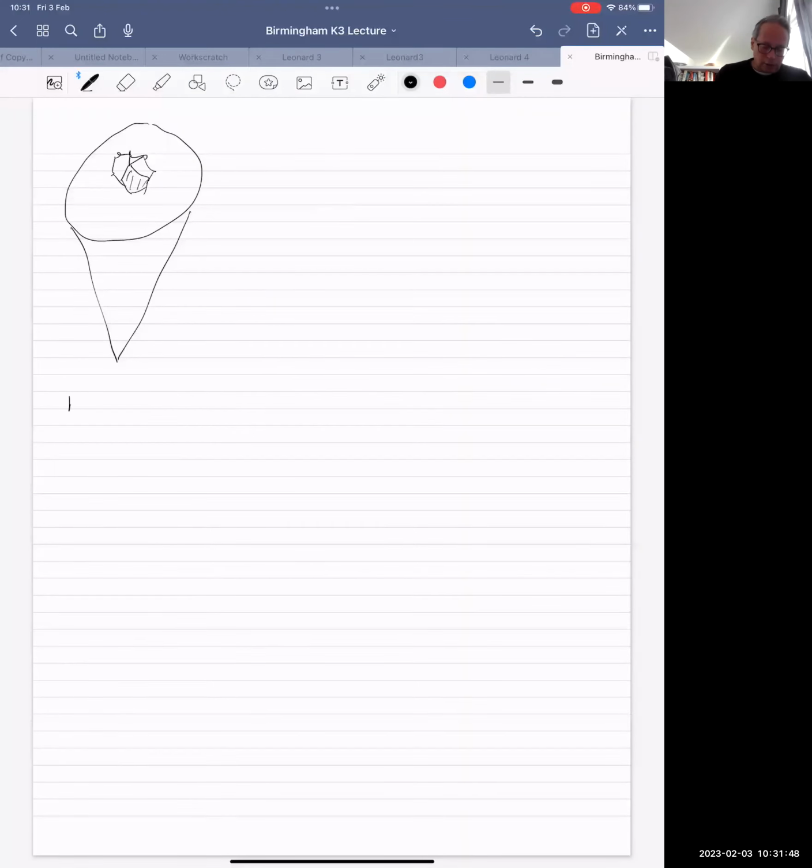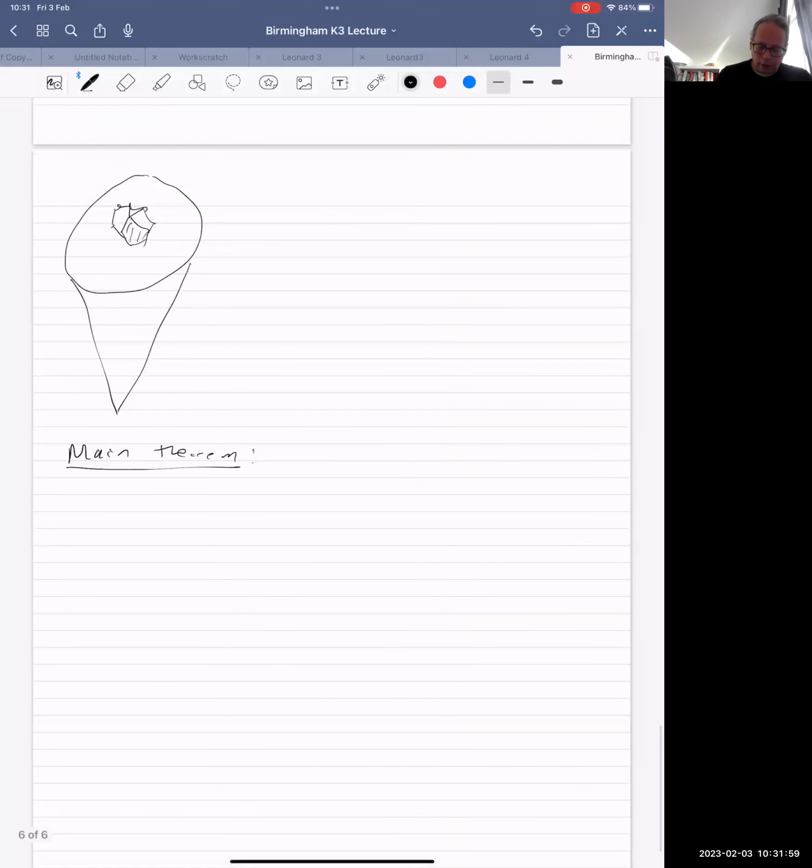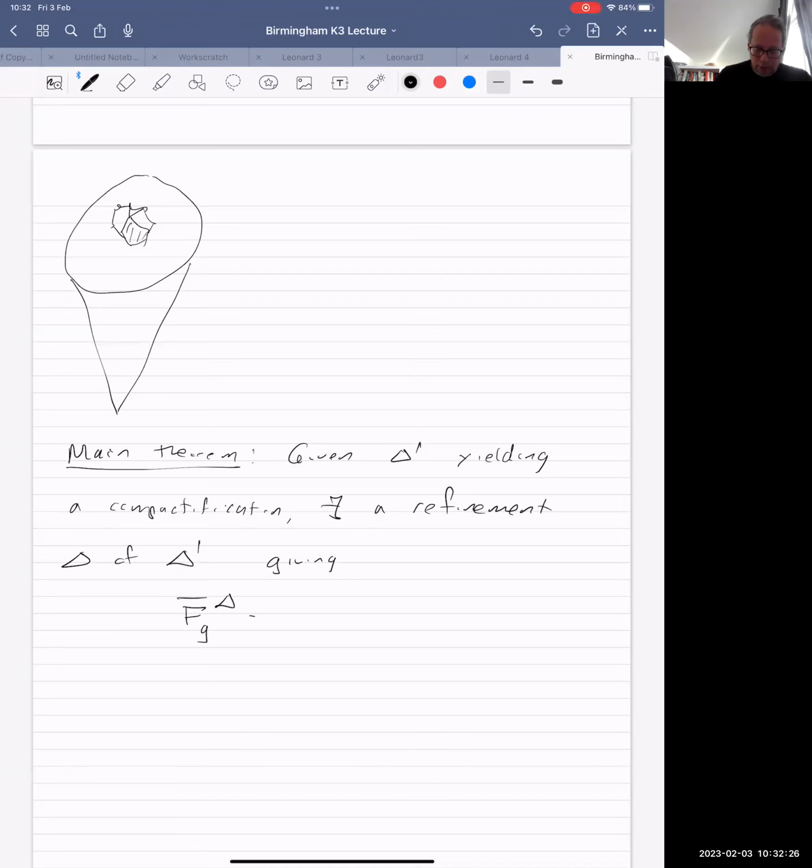So here's the main theorem, and then I'll talk about my contribution to this main theorem. Given the data above, so given delta prime yielding a compactification, there exists a refinement delta of delta prime, giving some kind of toroidal blowup of this compactification.